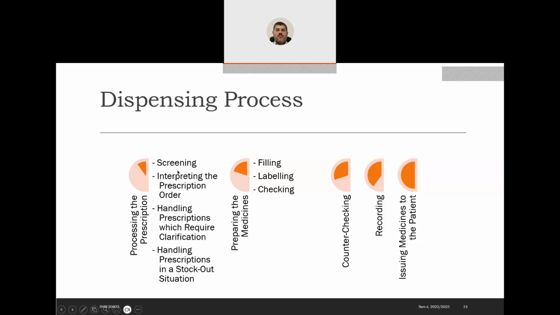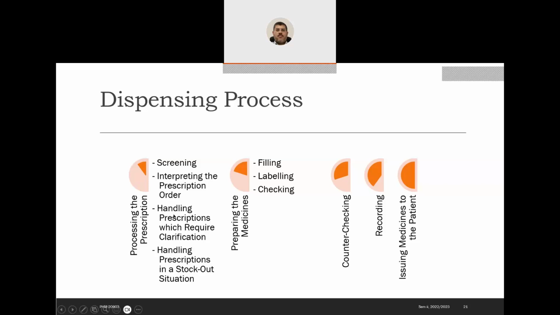Interpreting the prescription, you have to look for the things we mentioned, that there are no drug-related problems. Okay? So you have to read and understand all the instructions written, the names of the drugs, and look for any drug-related problems. What to do if you have any drug-related problem or unavailable medication, drug shortage, and so on? Then you have to do clarification.